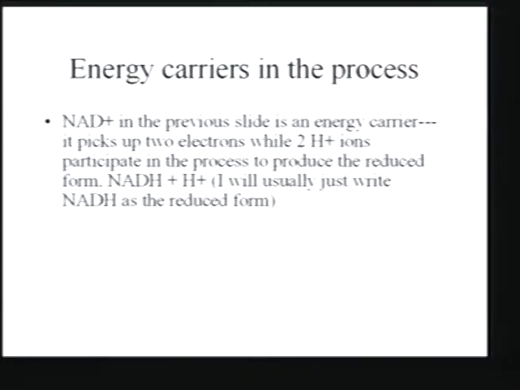Because of these redox reactions, and because high energy electrons are being used to generate ATP in the cell, we have to look at the carriers of those high energy electrons, and there are basically 2 important carriers. NAD is one of these. It picks up 2 electrons, 2 hydrogen ions come along for the ride, and we produce this reduced form, which is always written NADH plus H plus.